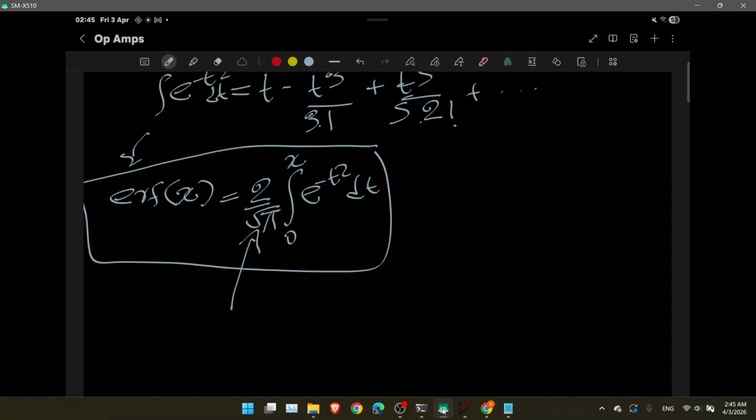If you integrate this bell curve from minus infinity to plus infinity, you would get root pi.